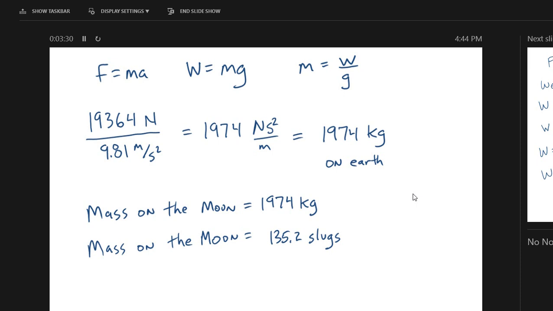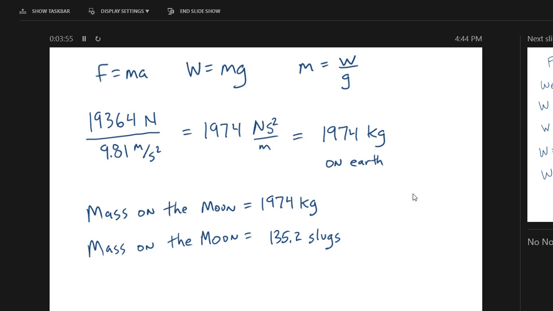But what happens when I take that mass up to the moon? What happens to the weight then? Yeah, gravity changes. The gravity on the moon is not so strong, so the weight becomes less. The mass does not change. The mass stays the same, but the weight changes with the gravity. Now, we're not going to do too much of this stuff on the moon when we're going through the class, but I just at least want to make you aware of this.